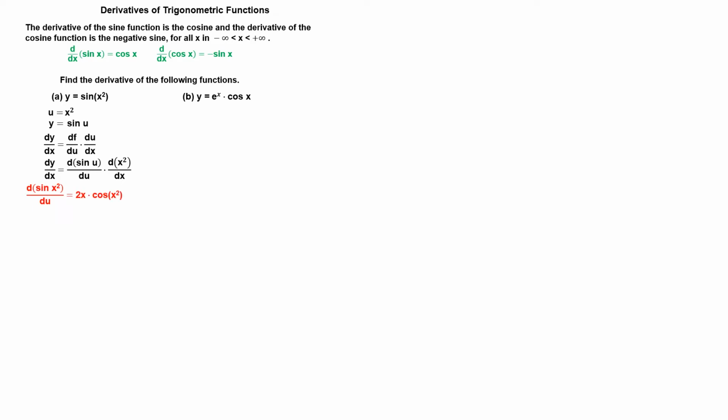To differentiate item B, we use the product rule. Then we use the derivative formulas for the cosine function and the exponential function.